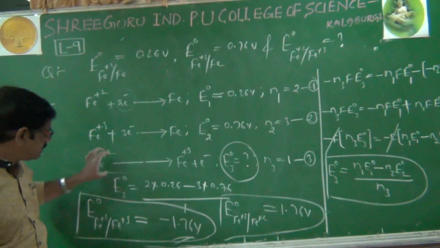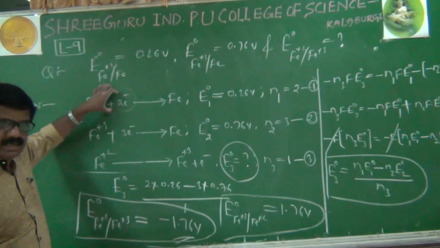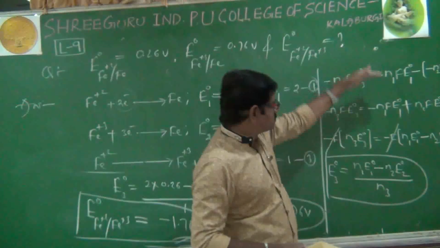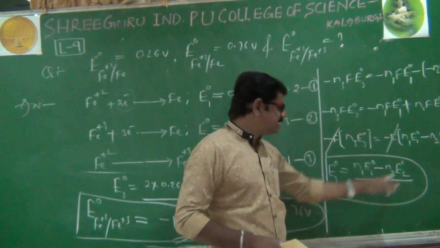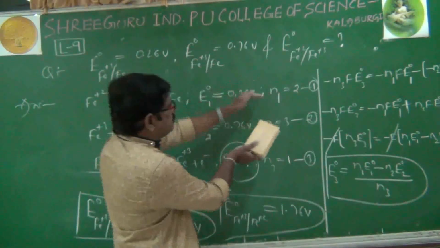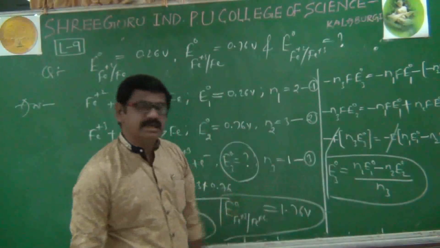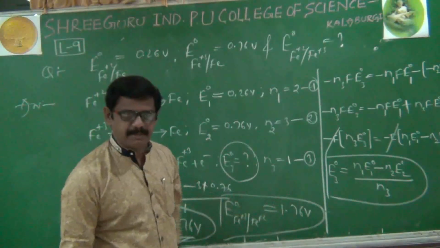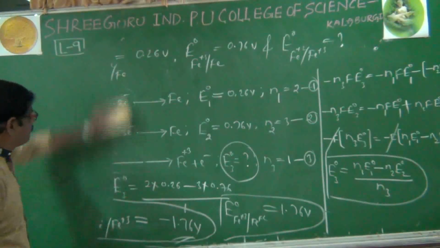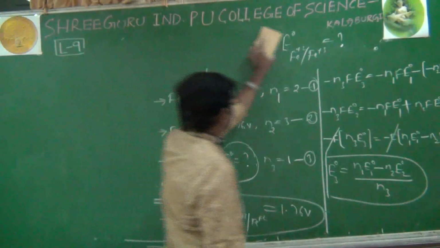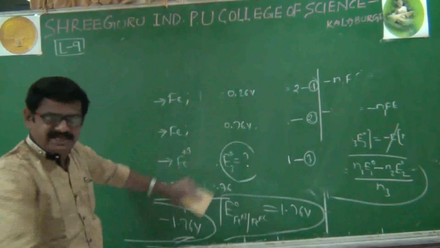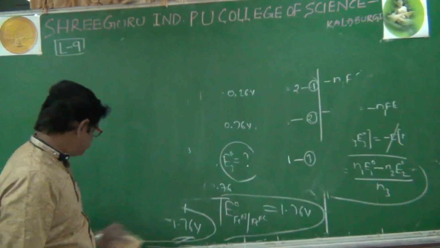That is, delta G naught 3 is equal to delta G naught 1 minus delta G naught 2. And the delta G naught formula is already known to you. By substituting all the values, finally we get the ultimate formula for E3 naught. In that ultimate formula, if you substitute all the given values, you will get the E naught 3 value. That's all. And please collect different questions based on this model, and you have to solve them.